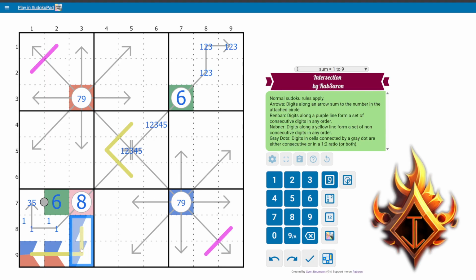Okay, so this has 7, 9. If that is 3, we have 1, 4. If that is 5, we have 1, 2.